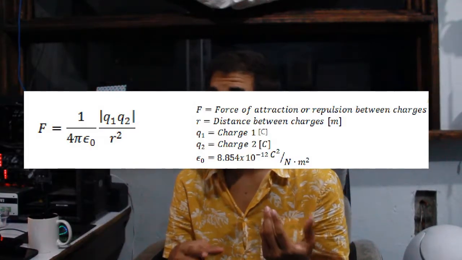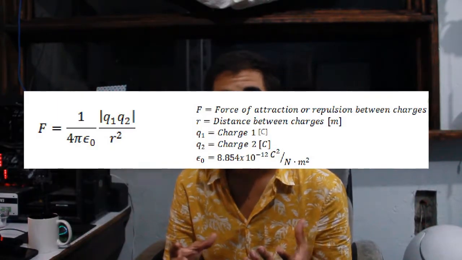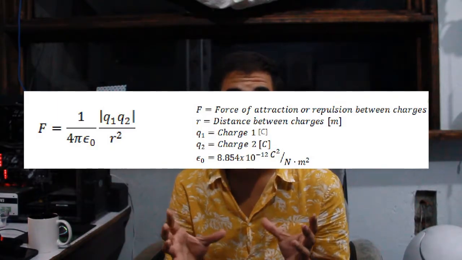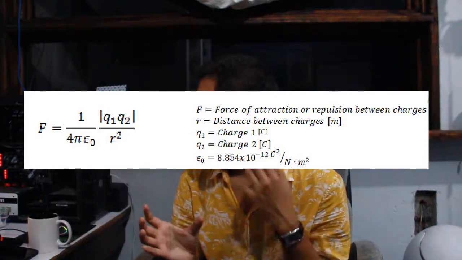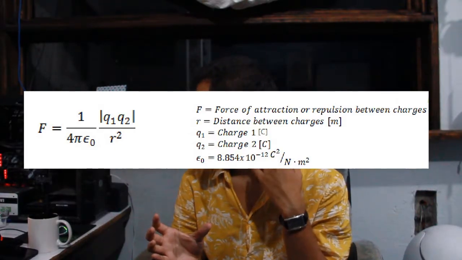In this case, we have two charges, because the charges of the atoms generate an electric field. Depending on the type of charge of the atom, this electric field is going to be attractive or repulsive to the other one.